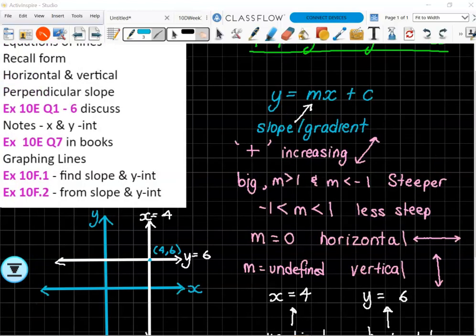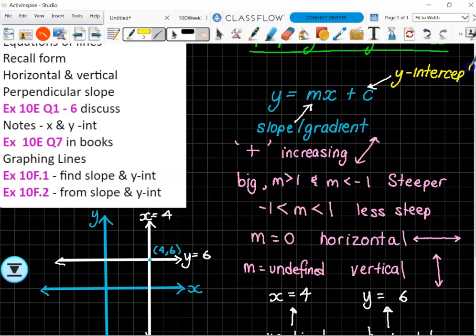So we've recalled our basic y equals mx plus c. I did forget the c part. Do you remember what that was? Anyone? No one's remembered? I'm saddened. This was your y-intercept.